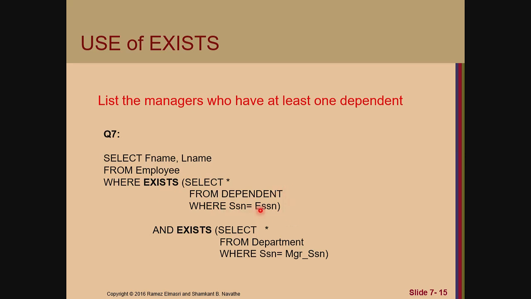The other condition uses AND EXISTS: select star from department where SSN equals manager SSN. The first SSN is from the employee table, and manager SSN is from the department table. And we use AND, which means this one should be true and the other one should be true. If both are true, we show the first name and the last name of the employee.